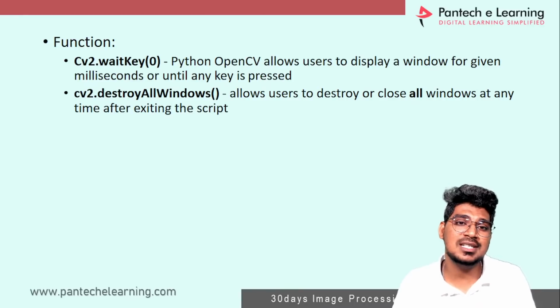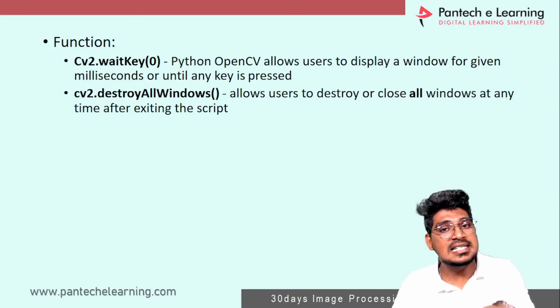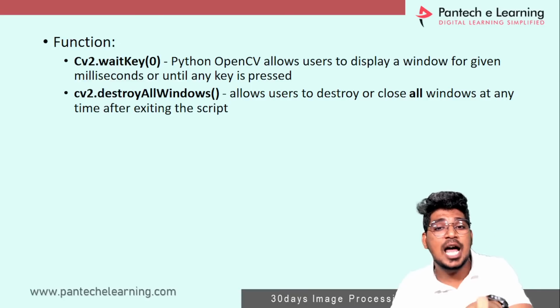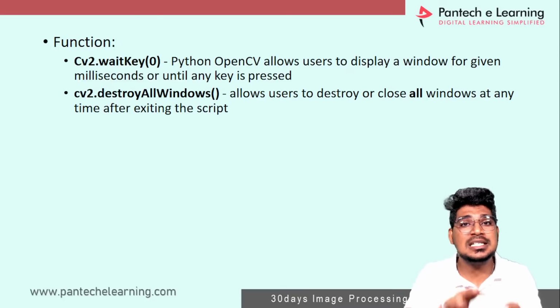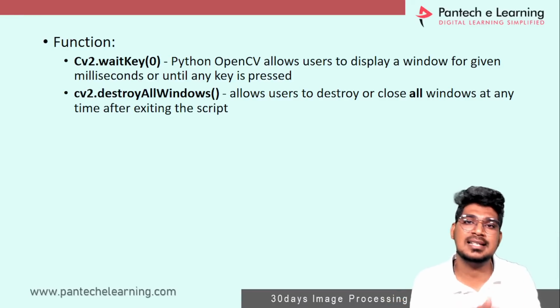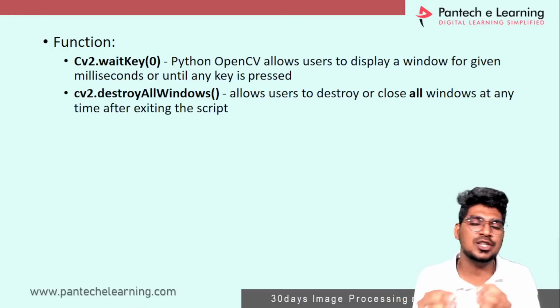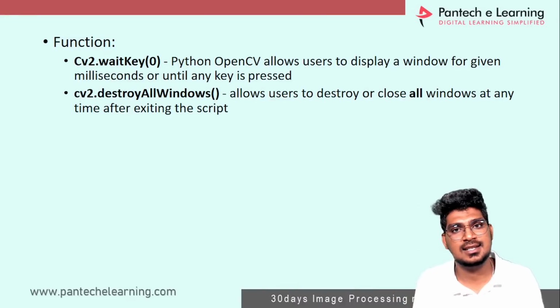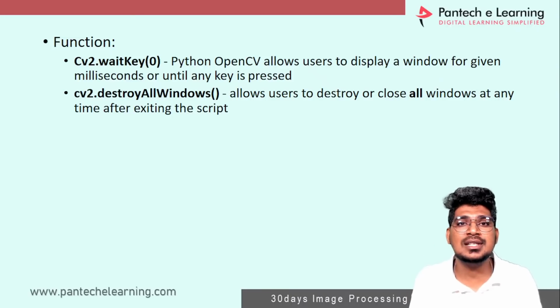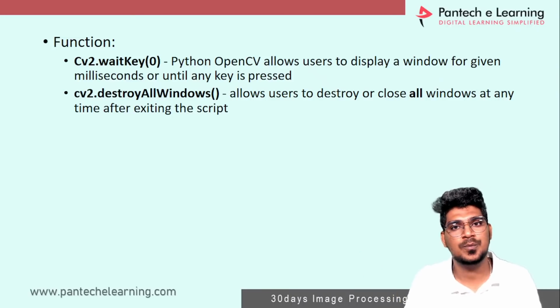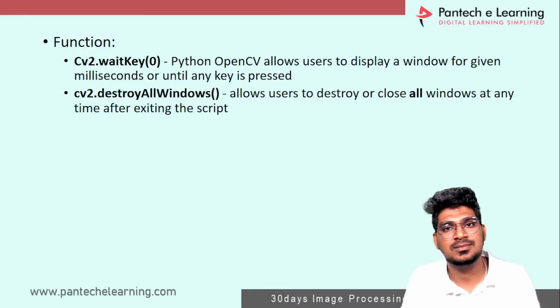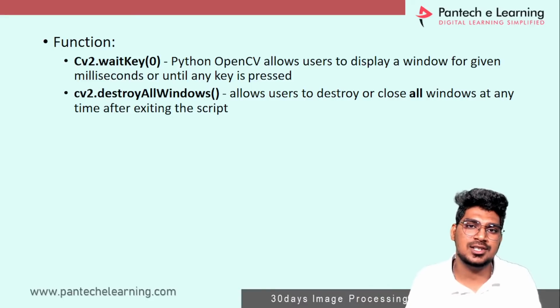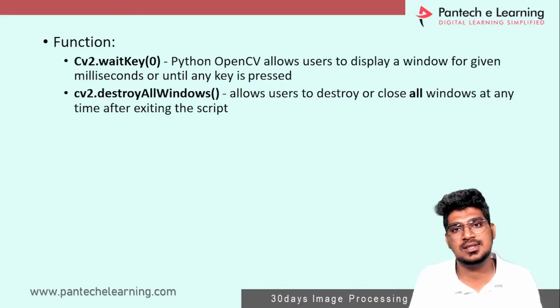This OpenCV function allows the user to display the window for given milliseconds. If you mention 5000, it will be 5 seconds. If you mention 0, it will hold the window until you touch a key. After that it will hold the image or the window.